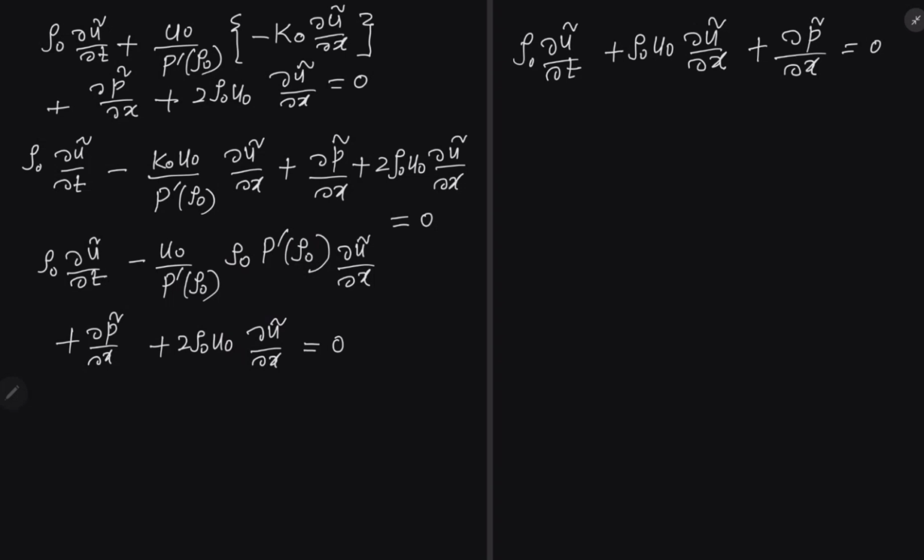Previously, we obtained the first equation. What was the first equation that we have proved? Let me see. Okay, that equation was partial p tilde by partial t plus k naught partial u tilde by partial x plus u naught partial p tilde by partial x is equal to 0.